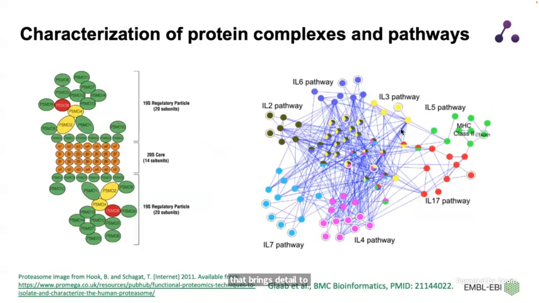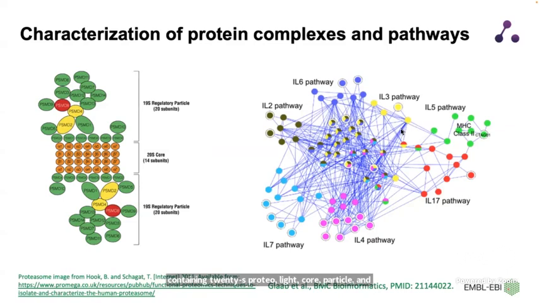What we have here on the left side is the 20S proteasome, which is a large multi-subunit complex containing a 20S proteolytic core particle and a pair of 19S regulatory particles.